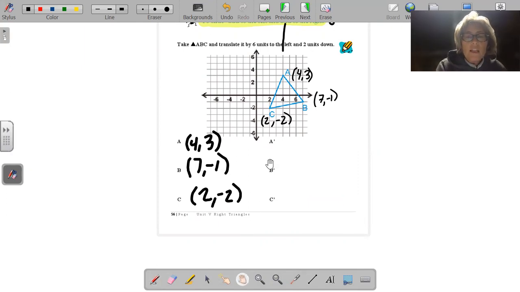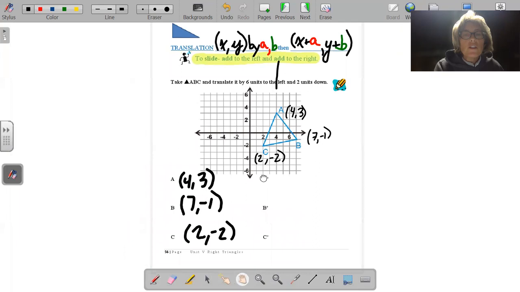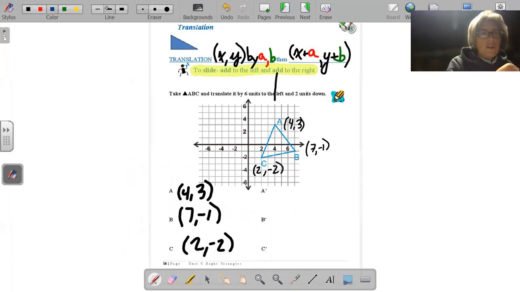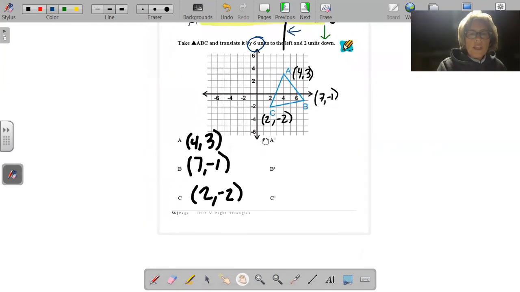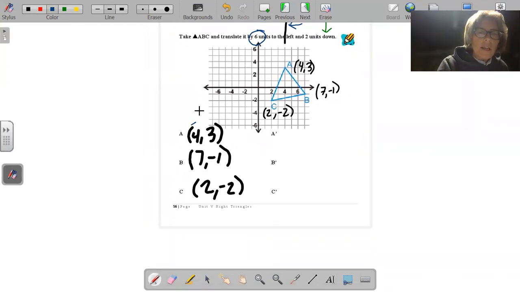And our instruction says we want to translate by 6 units to the left and 2 units down. Left and down will both be negative numbers. So 6 units to the left, meaning to all the x coordinates, I simply minus 6. 2 units down, I simply minus 2.